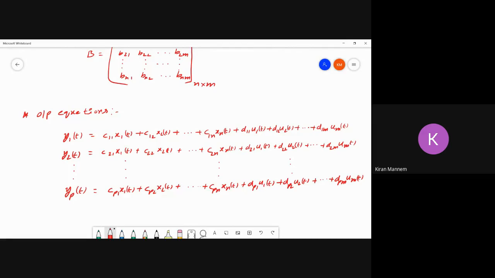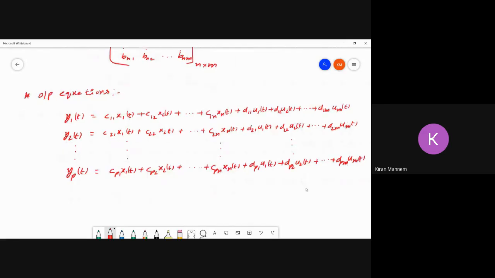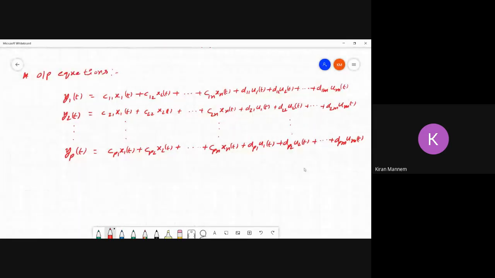So again, putting all these equations in matrix form, it would be y of t is equal to matrix C into x of t plus D into u of t.